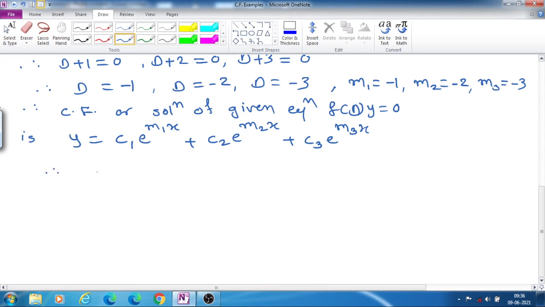So we write here solution is y is equal to c1 e raised to m1x, m1 is -1, therefore e raised to -1 x plus c2 e raised to m2x, m2 is -2, therefore -2x plus c3 into e raised to m3x, means -3x.